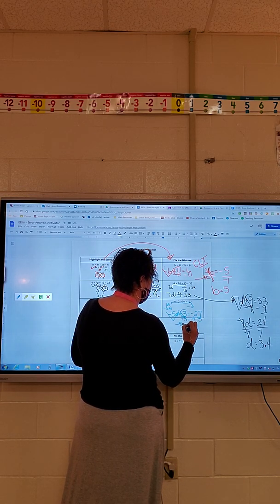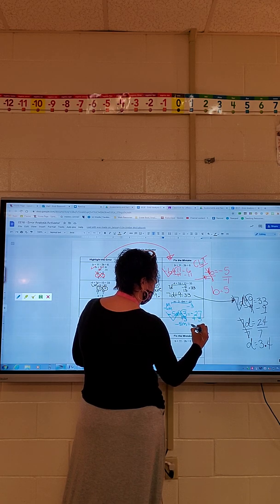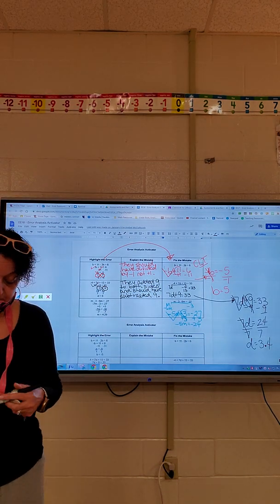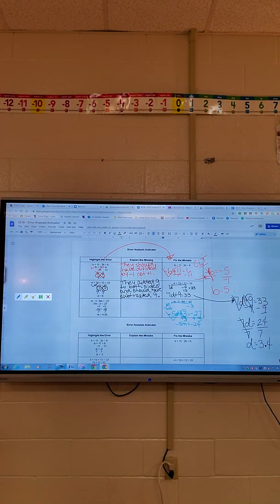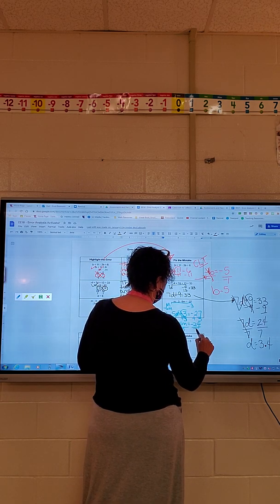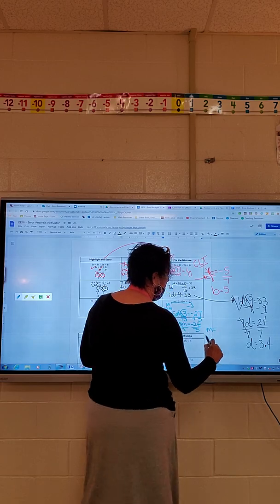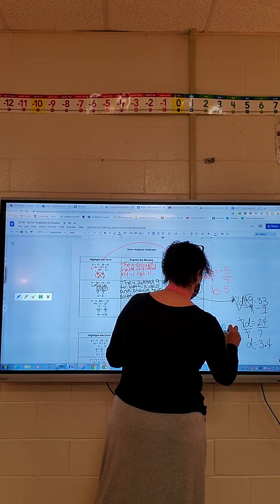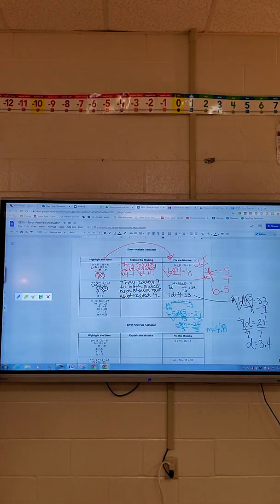And negative 5M is equal to a negative 24. And negative 24 divided by negative 5, divide both sides by negative 5, and M equals 4.8.